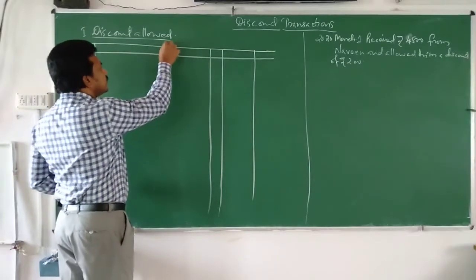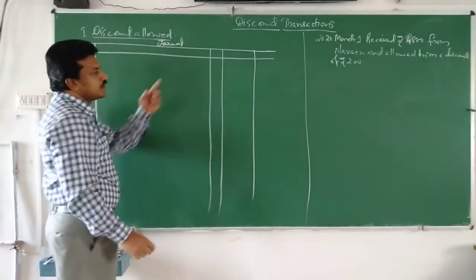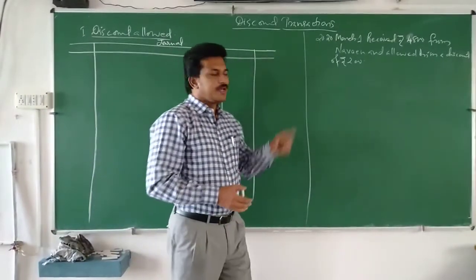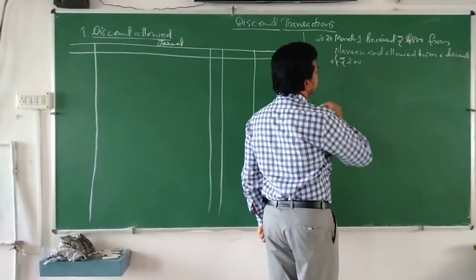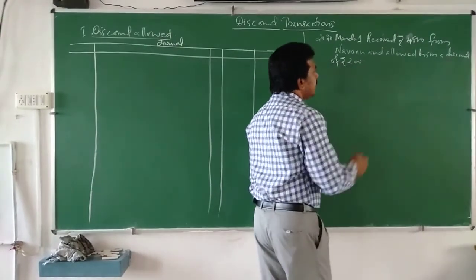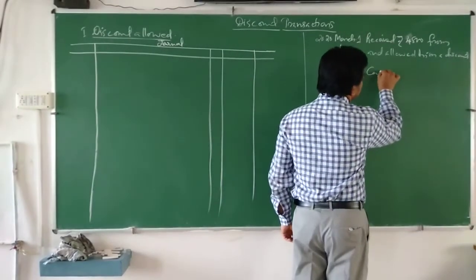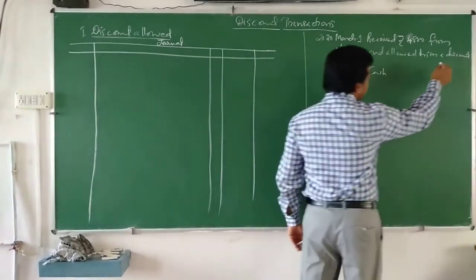So the heading should be journal. So this journal we are discussing. In that case, the aspects are to be found out. First, received from Naveen. So received from Naveen means cash is one aspect. And allowed him discount.